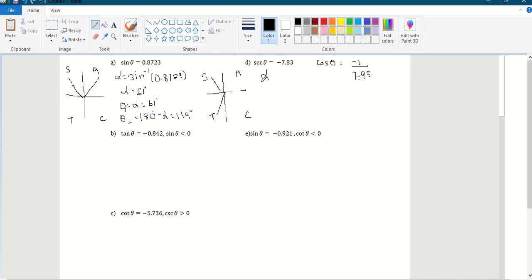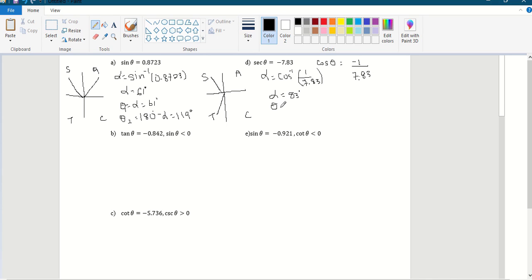Because alpha is always between 0 to 90 degrees, we will say alpha equals cos inverse of the absolute value, so positive 1 over 7.83. In our calculators we punch in cos inverse bracket 1 divided by 7.83. We get 82.66, which to the nearest degree will be 83 degrees.